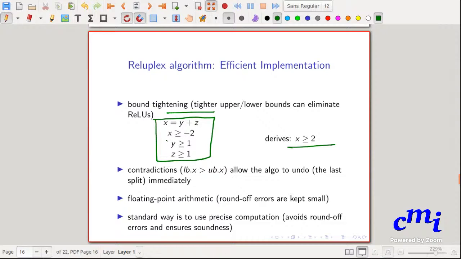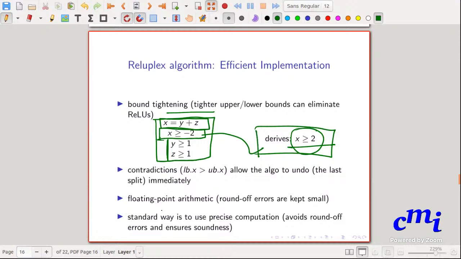Once you know that y and z are at least 1, you know that x has to be at least 2. So even though this is the constraint that was given to you, you can find a much tighter constraint, namely this. And if you can find this constraint, then you don't have to worry about something being less than 0 and therefore being reset. Such tricks help you get tighter bounds and reduce case splits.